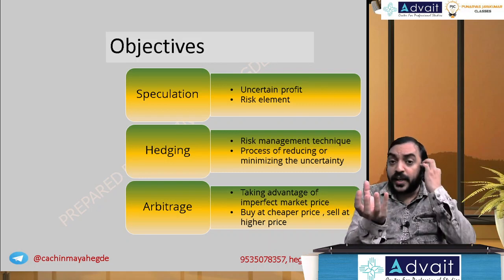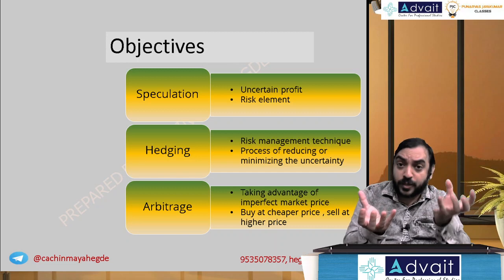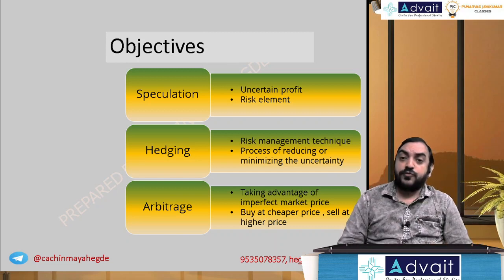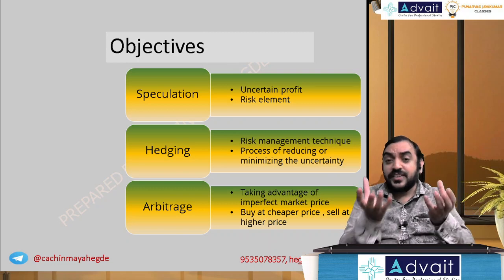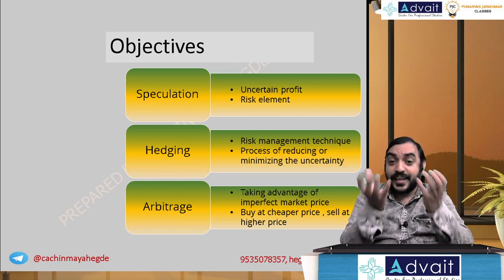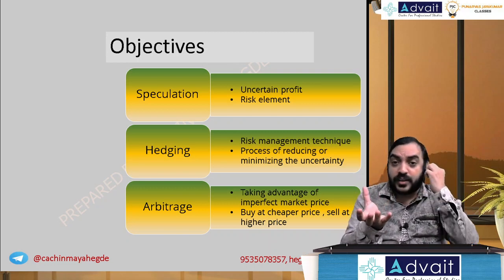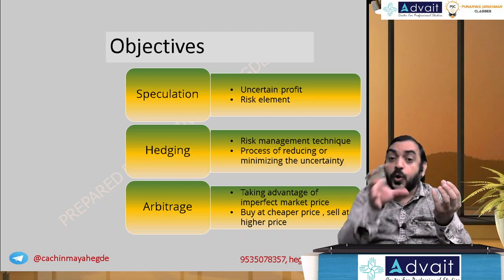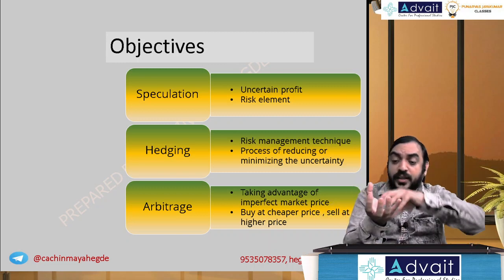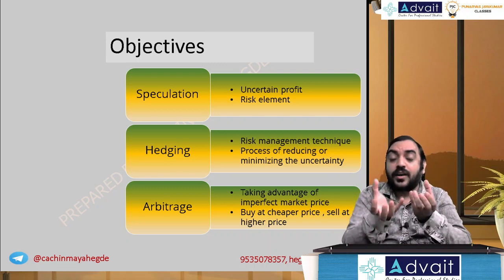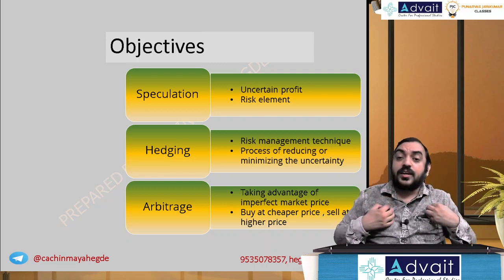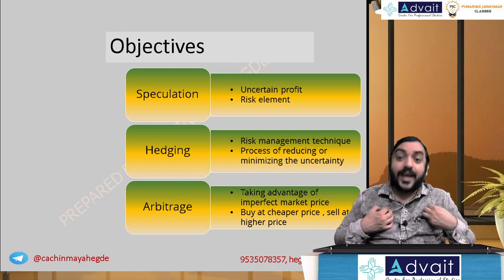Essentially the future price should be derived from the spot price, like the future price of Reliance and the spot price of Reliance. If there is a disparity, then you can buy in the spot market and sell in the futures market, or buy in the futures market and sell in the spot market. You can make an arbitrage strategy where you can make a riskless, guaranteed profit.